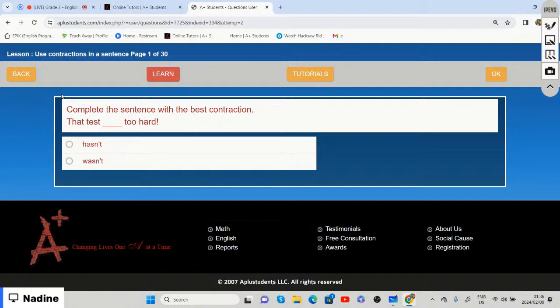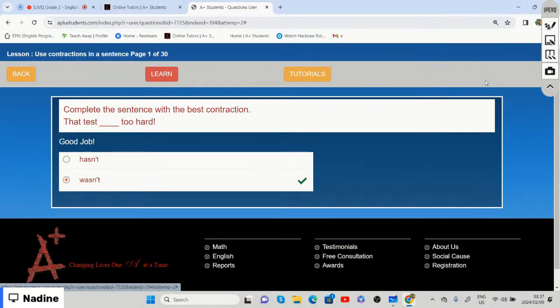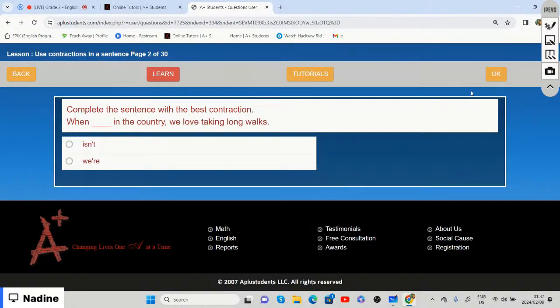So if we choose the correct one, we can say that test wasn't too bad, meaning that it was not too bad or too hard, right? Meaning that it was manageable and maybe you enjoyed it. So we can say that test wasn't, which means was not too hard, and wasn't is correct.